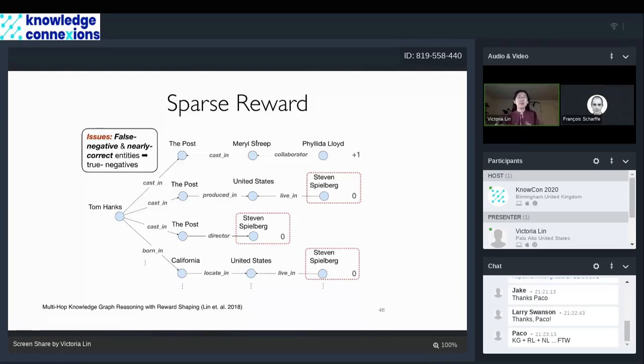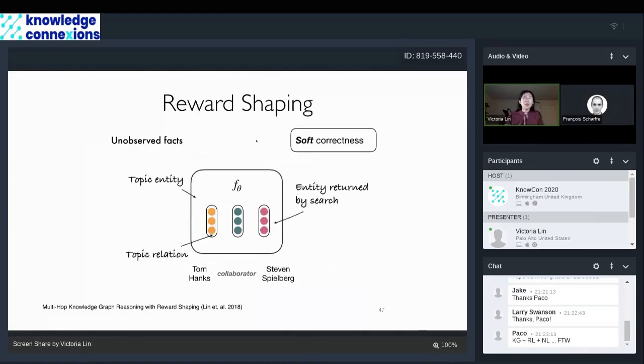Although Steven Spielberg is actually a correct entity, it should have a better reward than just a 0. But if we just use a vanilla reinforcement learning algorithm and give it a discrete reward, we cannot capture such cases. That's why in our work presented in 2018, we propose a reward shaping approach.